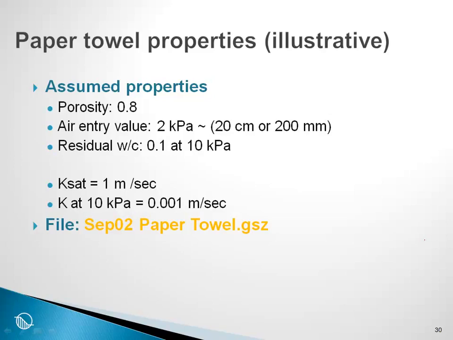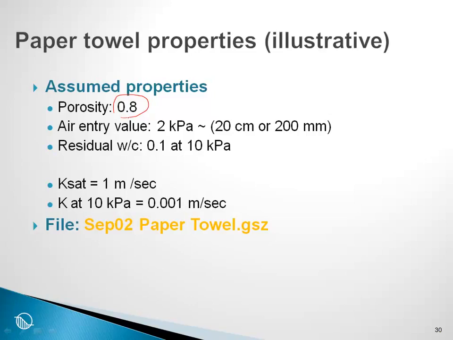So we are going to start by saying that the porosity is 0.8. We are going to say the air entry value is 2 kPa, or approximately 20 centimeters or 200 millimeters of water. And we are going to arbitrarily say that the residual water content is 0.1 when the negative pore water pressure is 10 kPa.